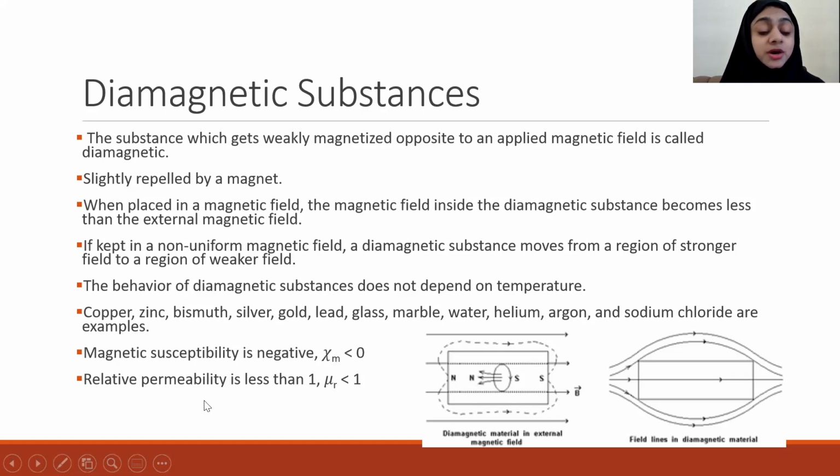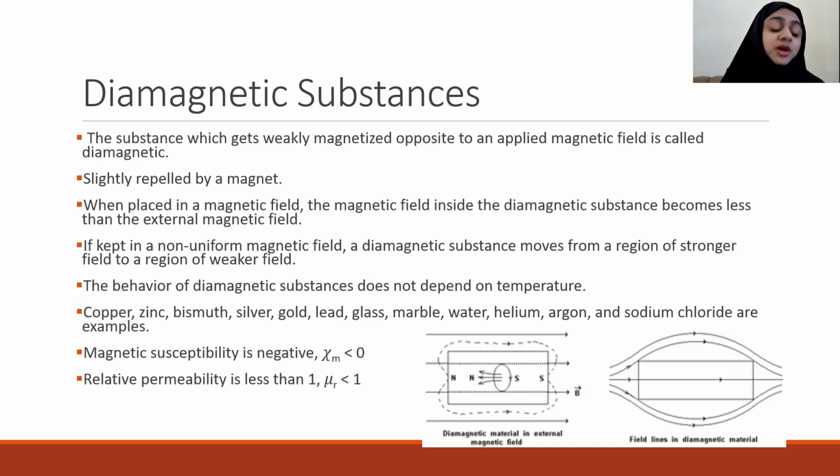Then relative permeability is less than 1. We know that the relative permeability mu r is equal to permeability within the material divided by permeability in vacuum. So permeability within the material will be less than that in vacuum.